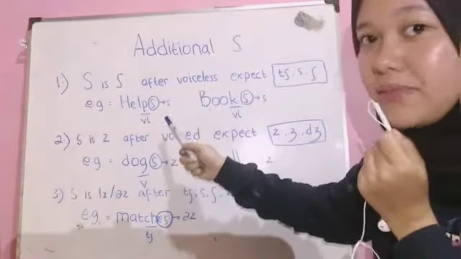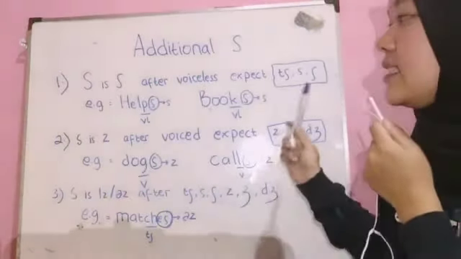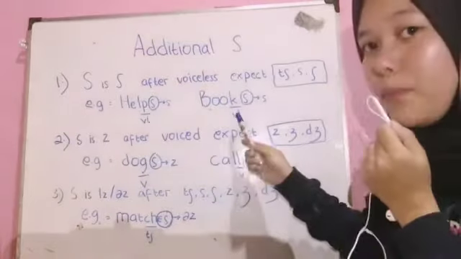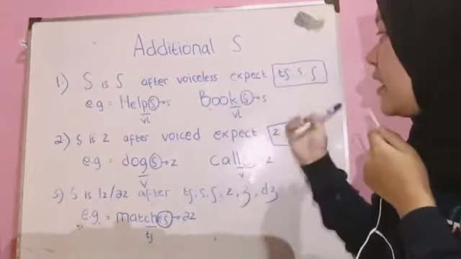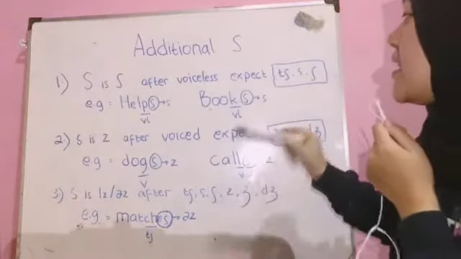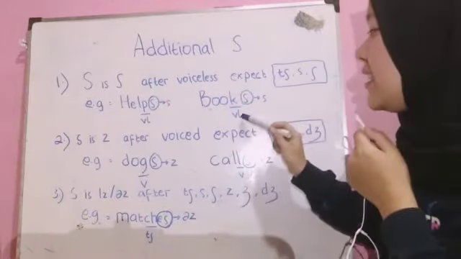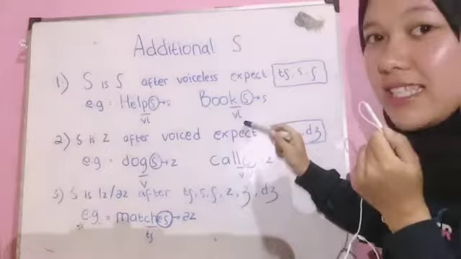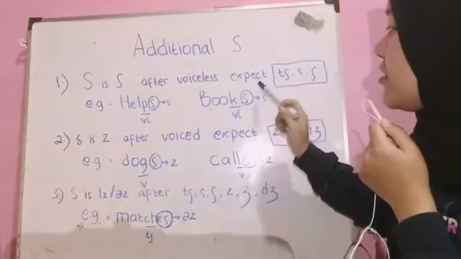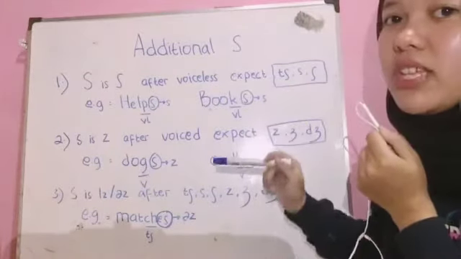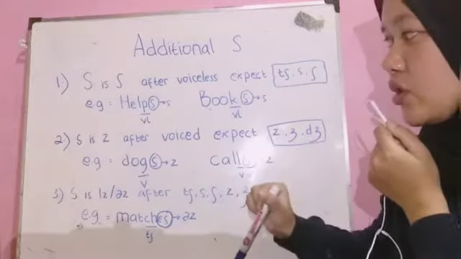And the next example is books. Why books? Because k in here is voiceless, and then s in here is s, and then we can read books.